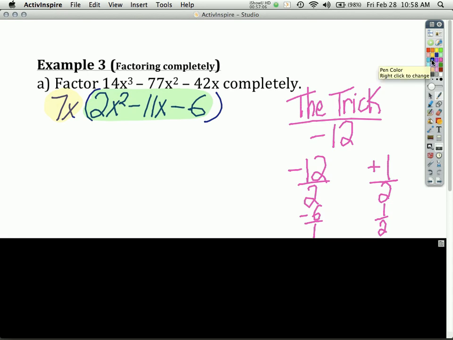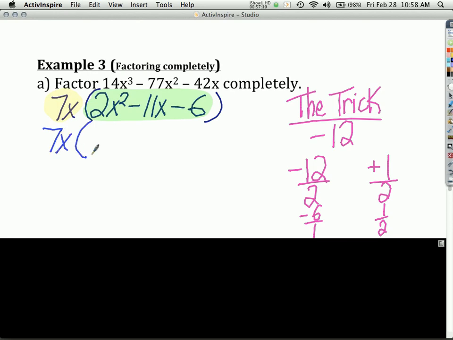So now watch. The 7x doesn't disappear, that stays right there. But this is going to morph into that. This is the coefficient, that's the number that goes with it. X minus 6.